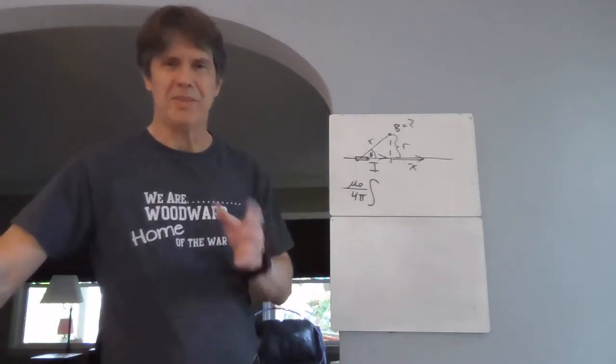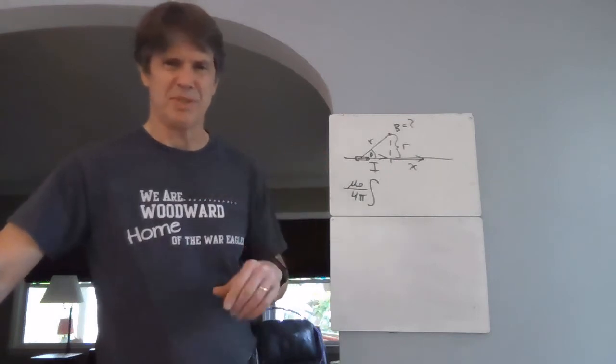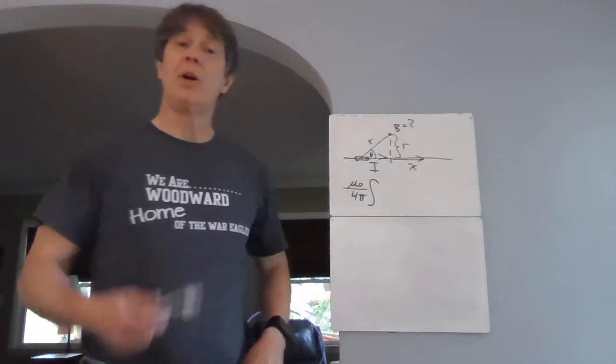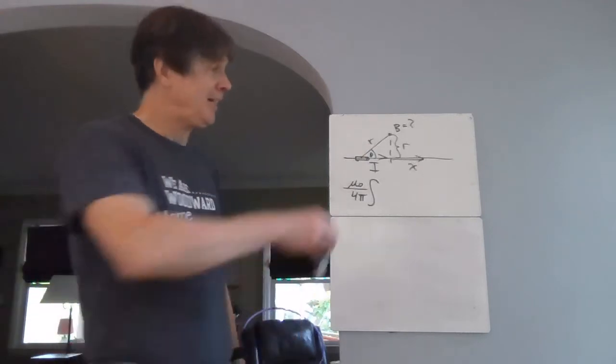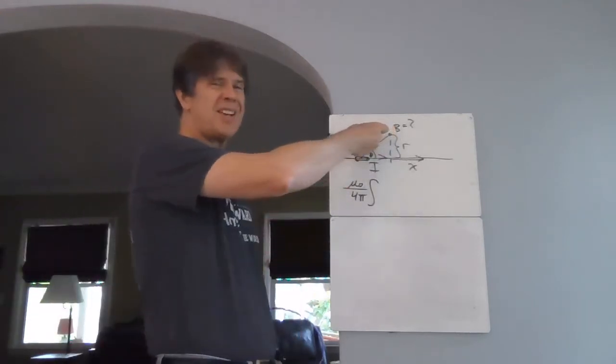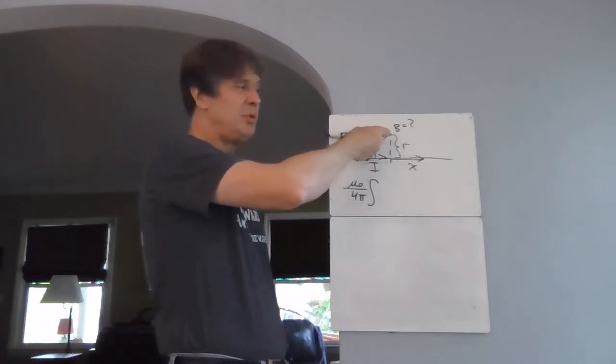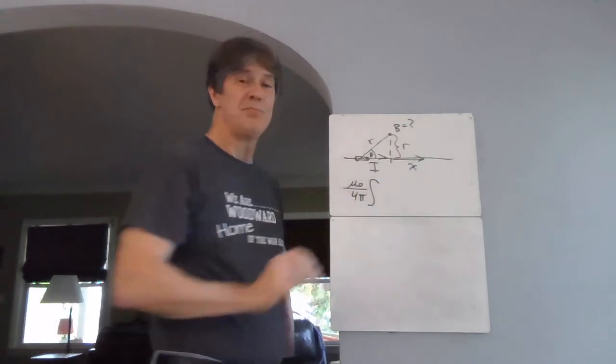You can put it together. You can tell I'm going to weasel around this and not really do it very well. Your book does. Or I could do it all in terms of theta and integrate from theta equals, say, negative pi over 2 to positive pi over 2.